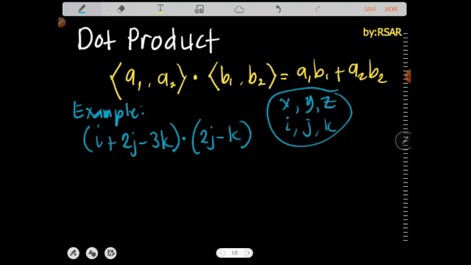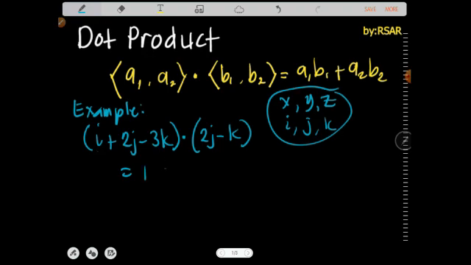So, same routine naman tayo. You just have to multiply that 1, kasi yung coefficient ng i dito sa vector 1 is 1, times sa vector 2 wala tayong i, so that is 0, plus 2 times 2, okay, plus yung coefficient ng k sa vector 1 is negative 3 times yung coefficient ng k sa vector 2 is negative 1.